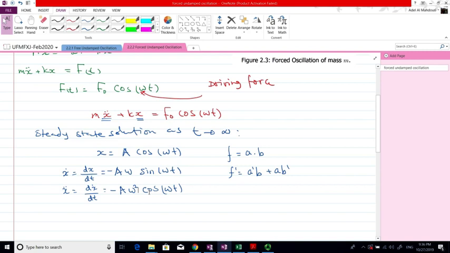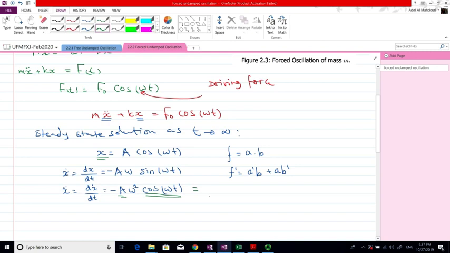Now we have stated how to find x double dot, which is the acceleration, in terms of the displacement. Remember that A cosine omega t is nothing but the displacement.